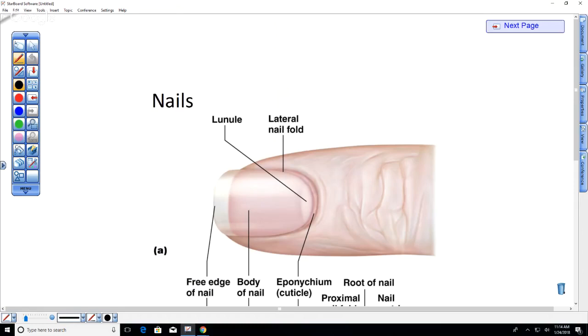Okay, so nails are the same idea. When we look at the formation of the nail, this is dead keratinized cells derived not from the hair matrix, but from the nail matrix.